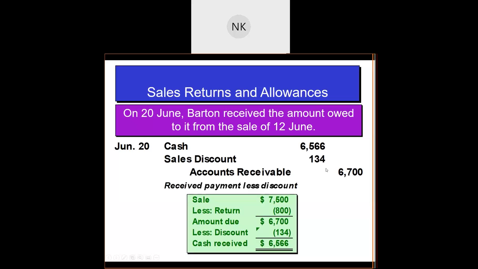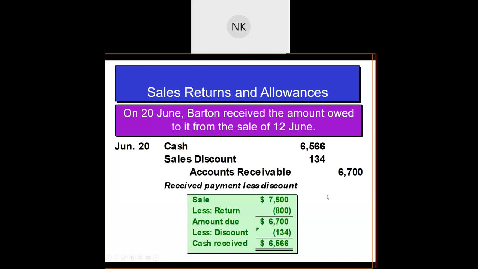So that means you have to knock off 6,700, and at the end, if you want to check, you check whether the accounts receivable is already zero from the sales that was done on June 8 just now. So make sure it has no more amount due from that particular customer, because they have paid everything. Alright.